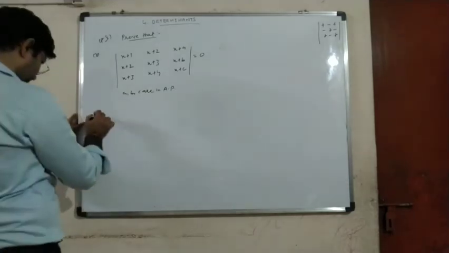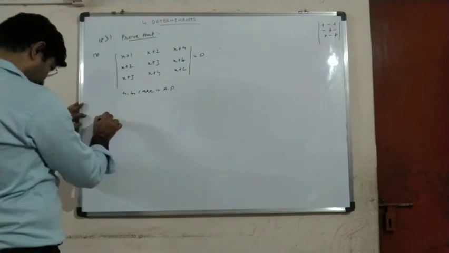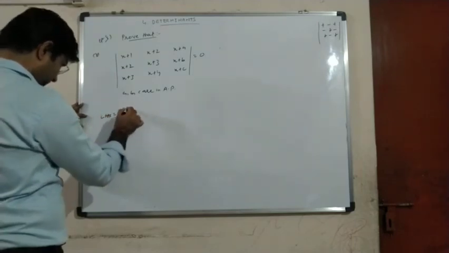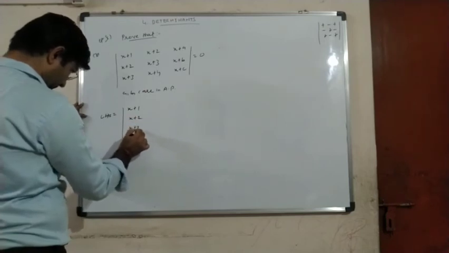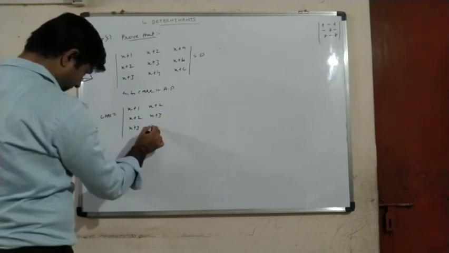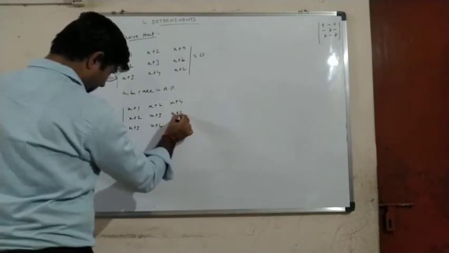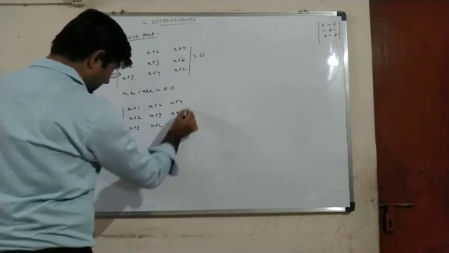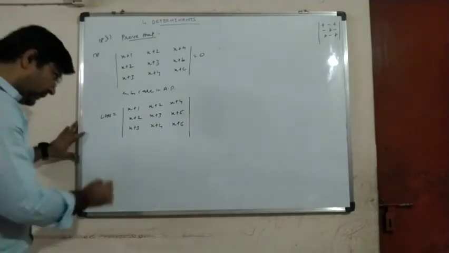Now let us take LHS. Left hand side we have x plus 1, x plus 2, x plus 3; x plus 2, x plus 3, x plus 4; and x plus 4, x plus 5, x plus 6. Clear? So let us begin.